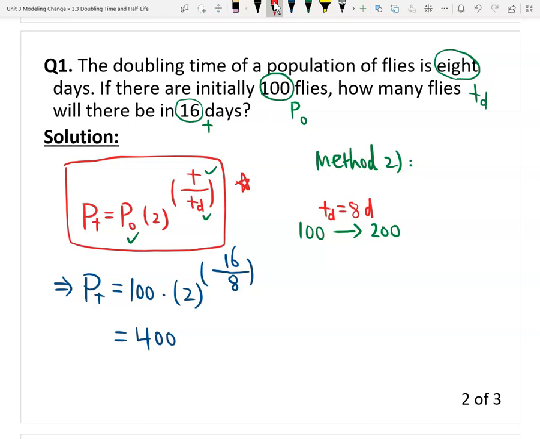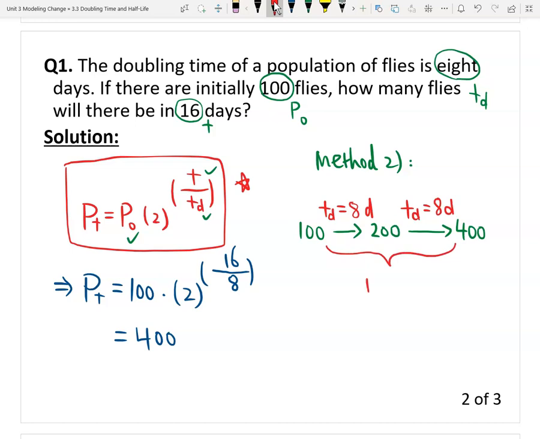Make sense? And then again, from 200, we double and go to 400. How long do we need? The same, we need another doubling time, which means TD equals another 8 days. Imagine if we put these two doubling times together, how long is the total time?